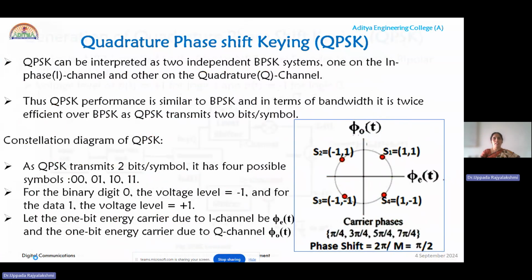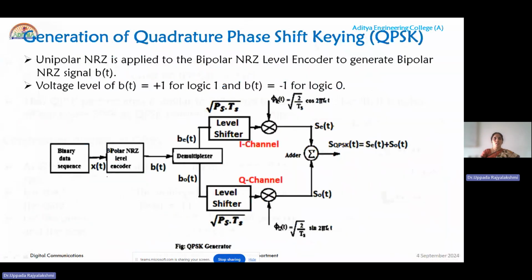Here you are going to convert the binary data sequence into a bipolar signal having 2 levels, plus or minus 1. Now this b of t is split into an even sequence and an odd sequence. For the even sequence we have taken the 1-bit energy carrier phi e of t, that is root 2 by Ts cos 2 pi fct.